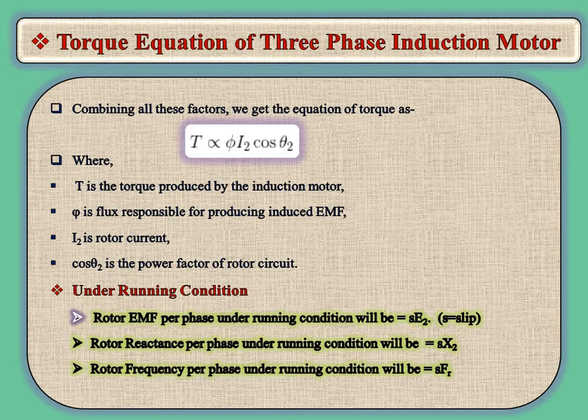The rotor EMF per phase under the running condition will be S into E2, where S is equal to slip. The rotor reactance per phase under the running condition will be equal to SX2, and the rotor frequency per phase under the running condition will be equal to S fr.